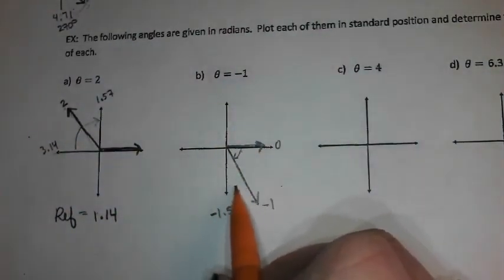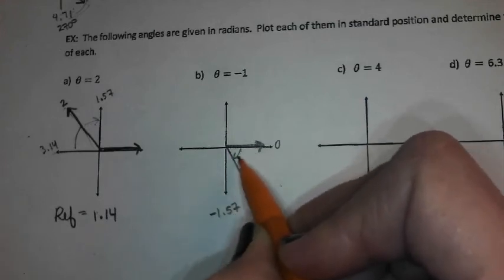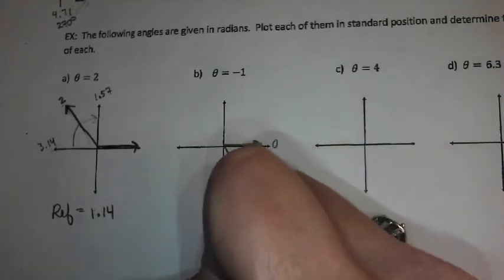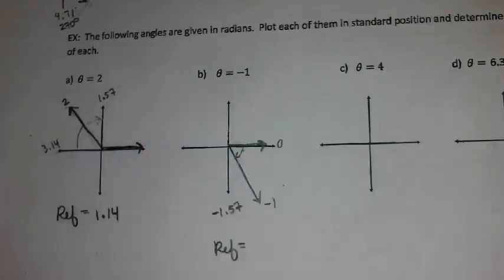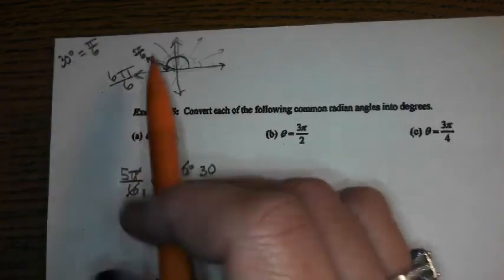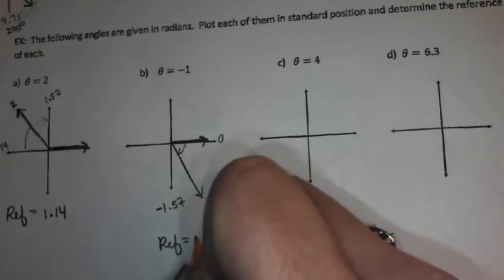Nope, I think you're doing again between the y-axis. The reference angle is the terminal ray to the x-axis. But it's always positive. So just 1. Reference angles in degrees are always between 0 and 90. In radians, always between 0 and 1.57. And then we're going to do more with radians when they're in terms of pi. Like pi over 6 was this reference angle here. We'll do more of that in the days to come. But this reference angle is just 1.